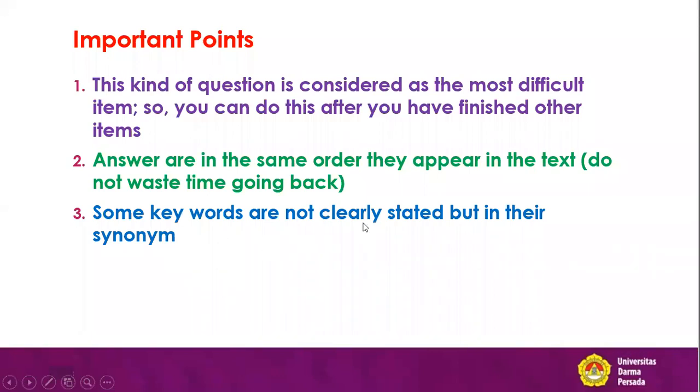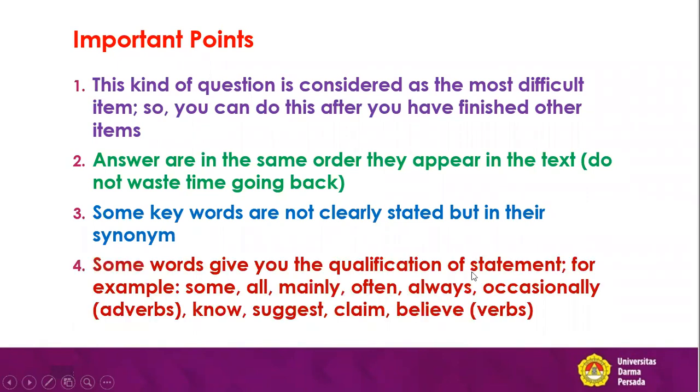Some keywords are not clearly stated, but appear as their synonyms. I think I did talk about this in my video previously. Next, some words give you the qualification of a statement. For example, we have the words some, mainly, often, always, occasionally, no, suggest, claim, believe.